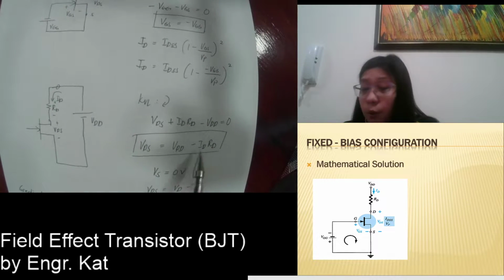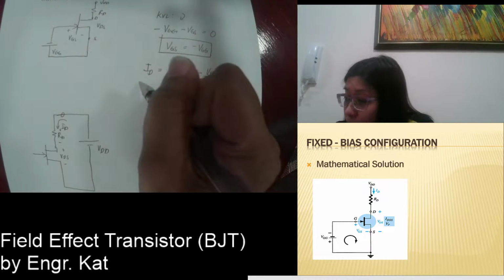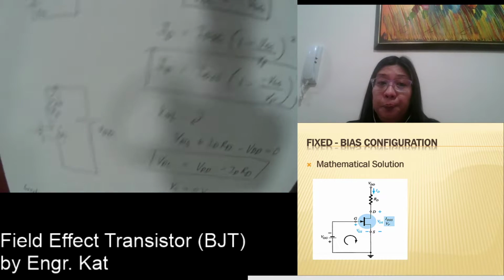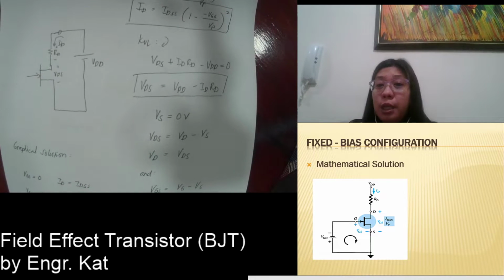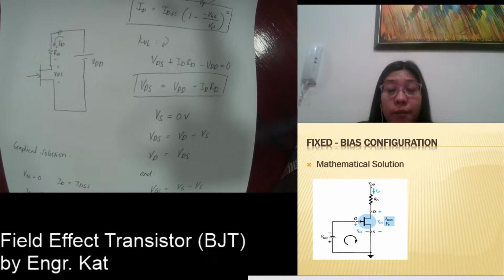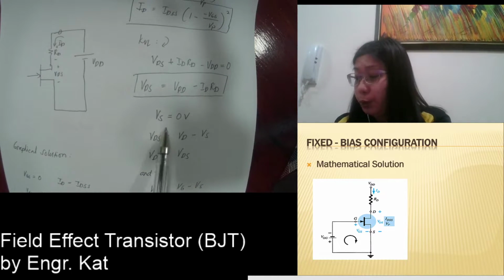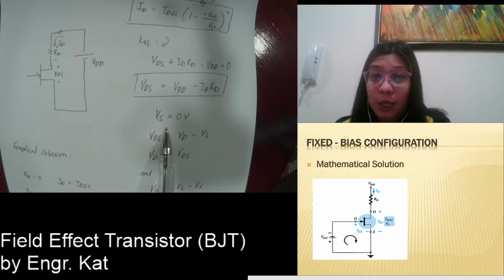So what ID are we going to use here? The one which we solved earlier at the input terminal of your circuit. Okay, since we do not have any resistor placed at your source terminal, it is 0 volts. Okay, so it is just shorted, it's just wire.